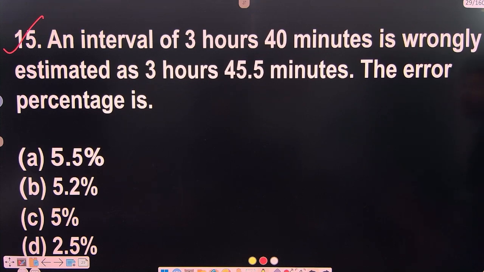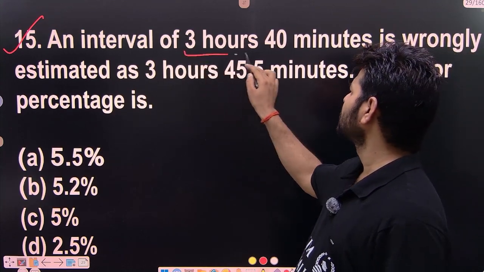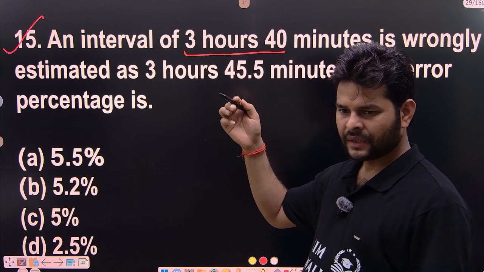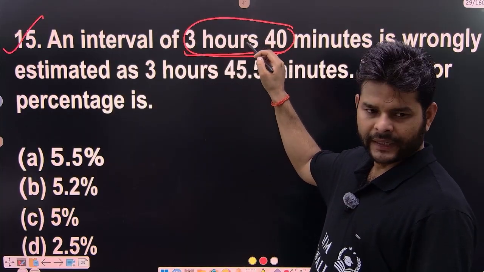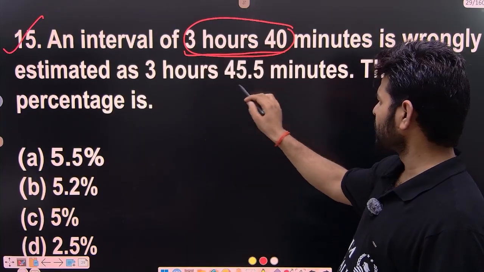An interval of 3 hours 40 minutes is wrongly estimated as 3 hours 45.5 minutes. Then what is the percentage error? Suppose there is a boy working in an office who needs to put that value, but wrongly he put that value.